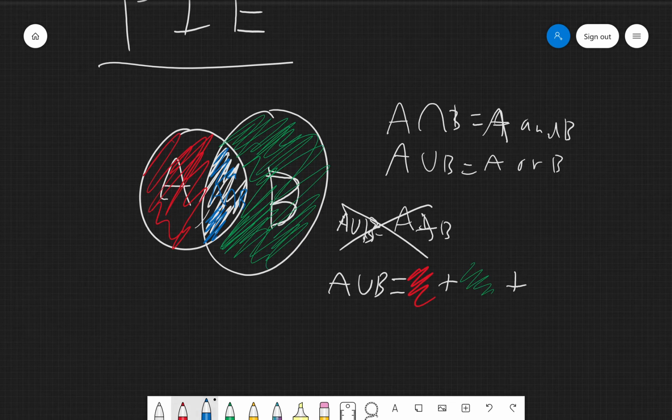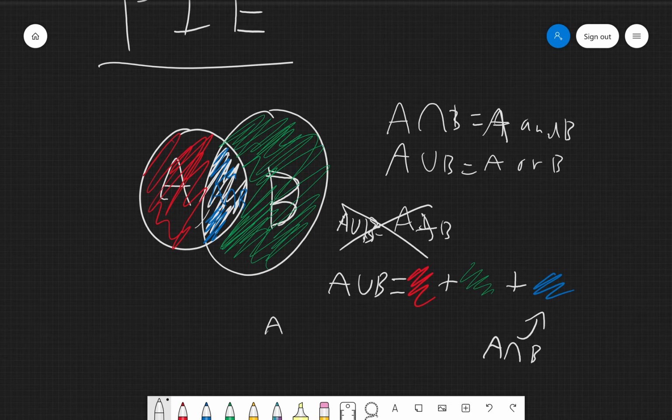And the blue is A intersection B. That's the answer for this.